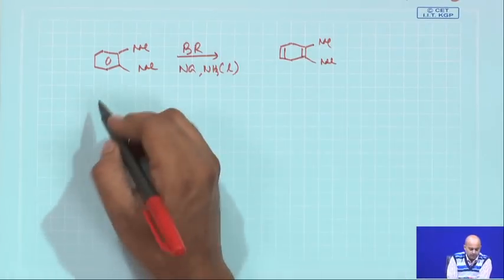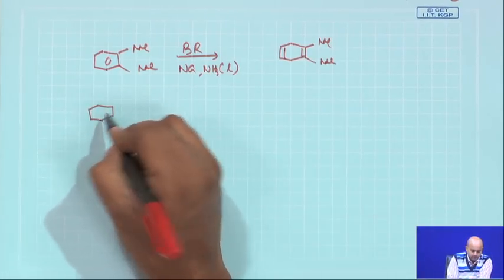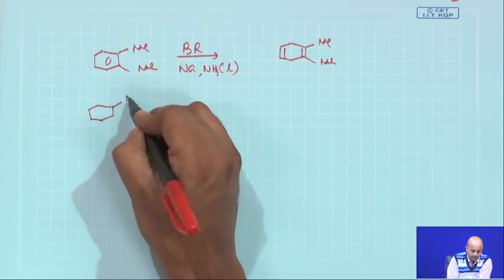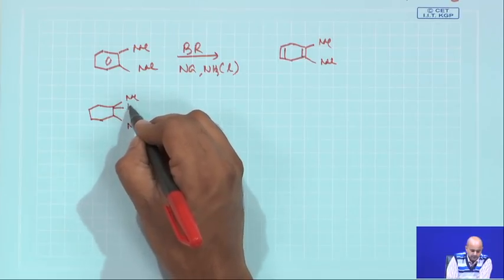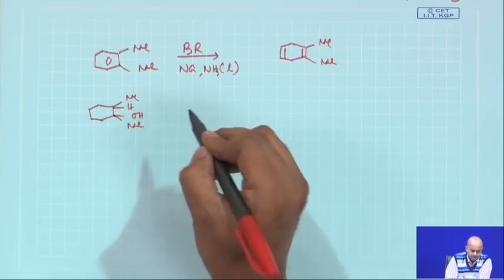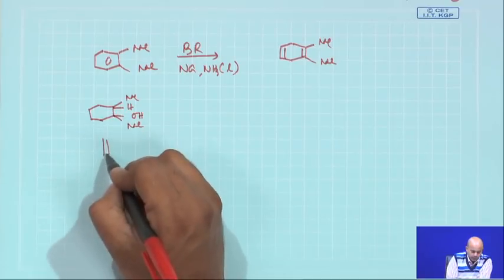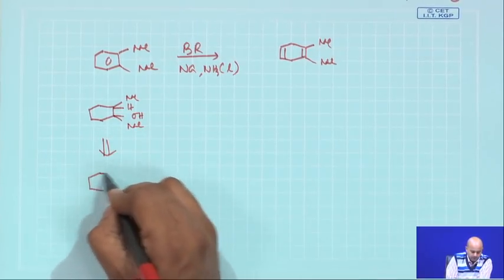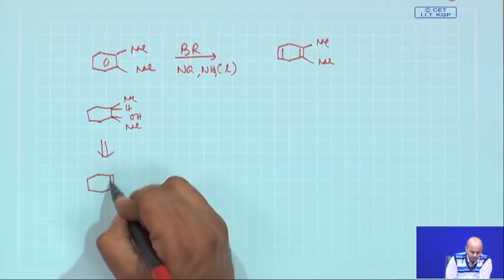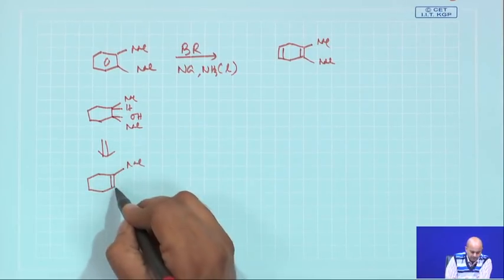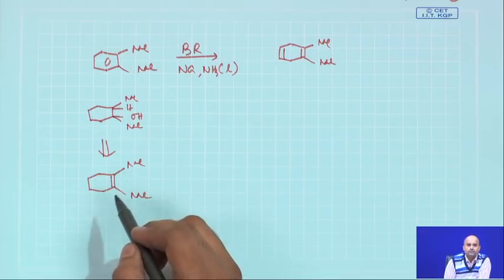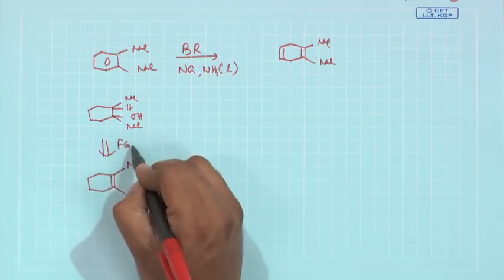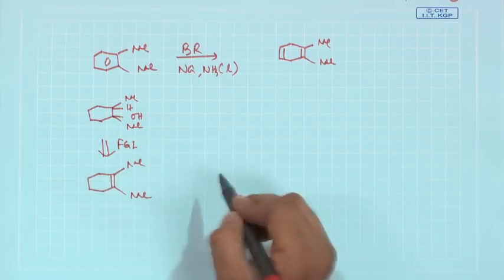Now, if you see the target molecule, we do the retro. The target molecule has a methyl here, and here is a hydrogen with an OH. We do a retro and see how this compound can be correlated. If this olefin is there, you can do a hydroboration reaction. So, it is an FGI by a simple hydroboration reaction.